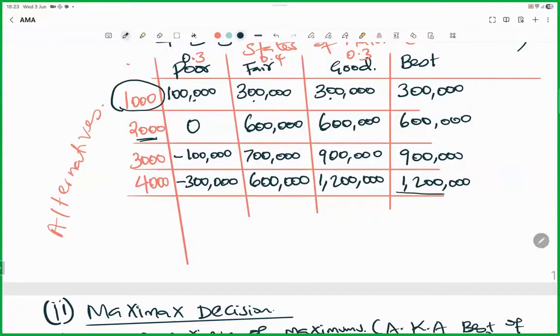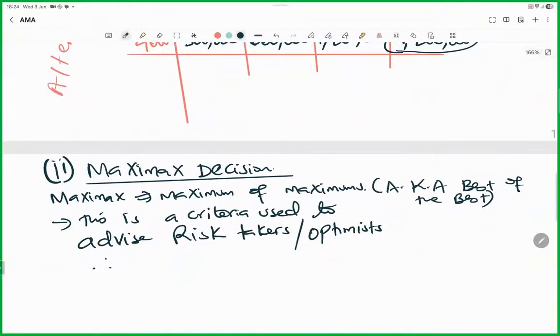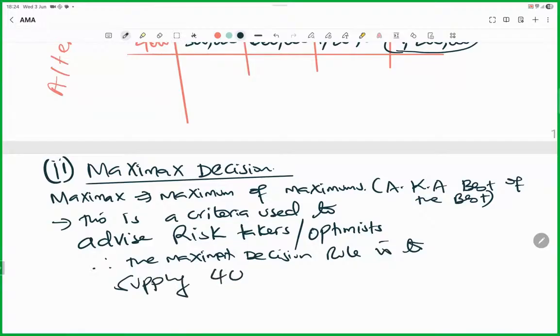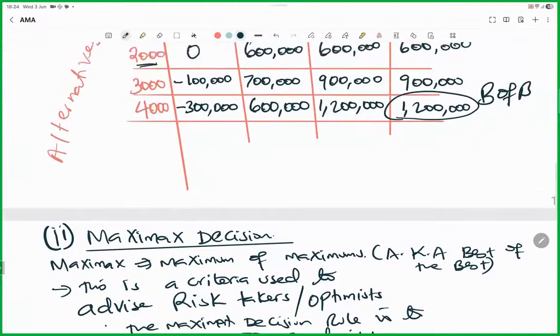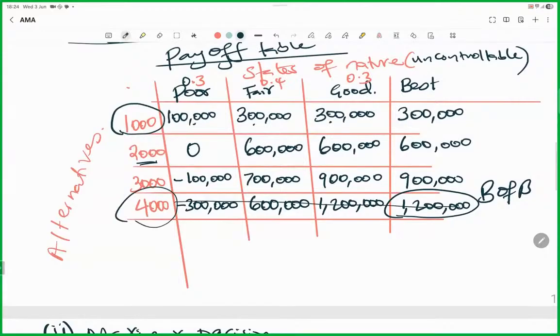So this 1.2 million is what we call the best of best, B of B. And therefore the maximax decision rule is to supply 4,000 sandwiches, the one that corresponds to the best of the best.